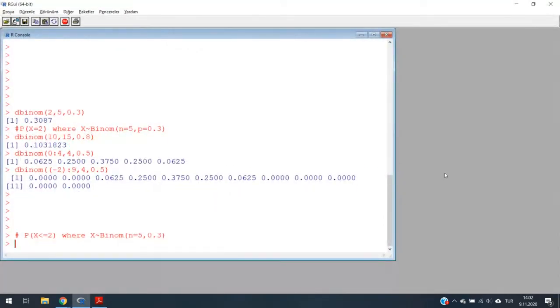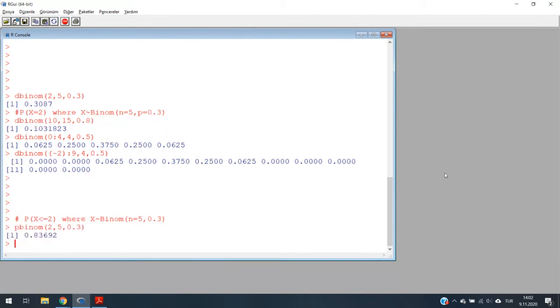So how are we going to calculate this probability? This time we are using pbinom, and all probabilities less than or equal to 2 will be included here, with size parameter 5 and success probability 0.3. And that value is 0.83692. Now, let us calculate each of the probability mass values from 0 to 2, which includes 0, 1, and 2, again under size parameter 5 and success probability 0.3.